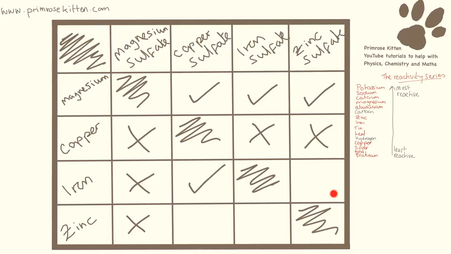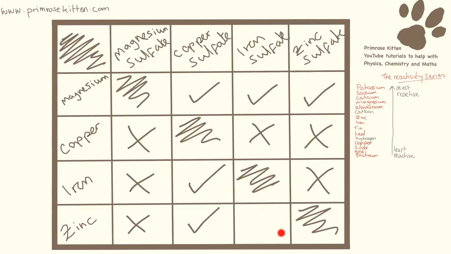If we look at this box here, iron and zinc sulfate, iron and zinc are very close to each other, but iron is still below zinc in the reactivity series, so we are not going to get a reaction. If we're moving on to looking at zinc and copper sulfate, zinc is here, copper is all the way down here, and because copper is less reactive than zinc, it's not going to be able to keep hold of that sulfate, so we are going to see a reaction.